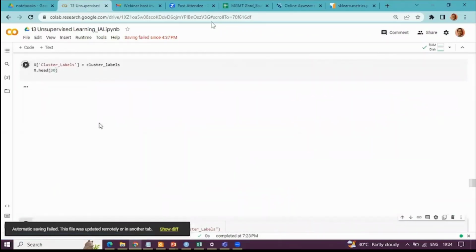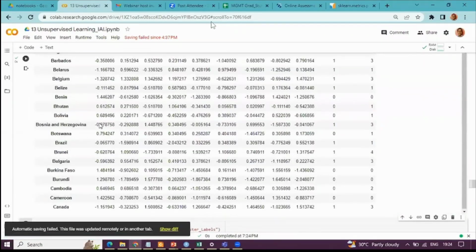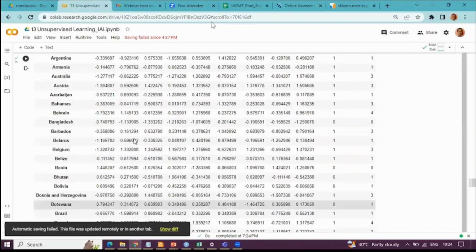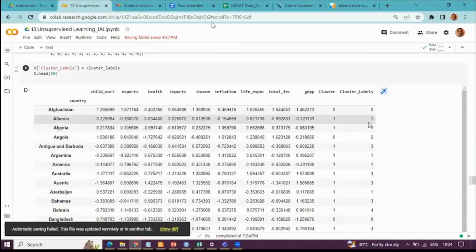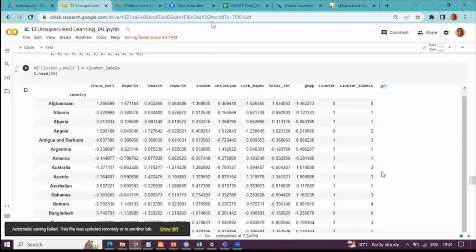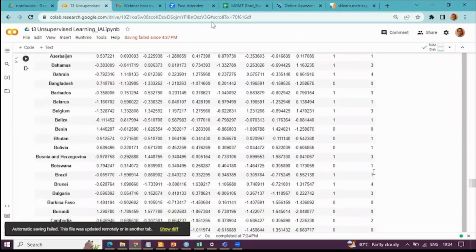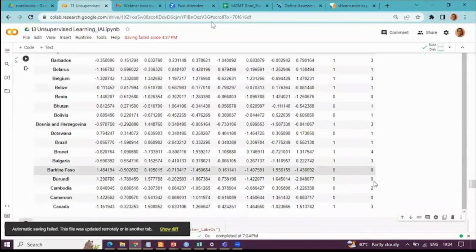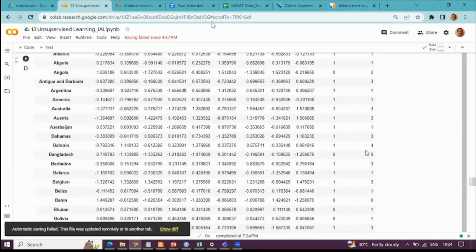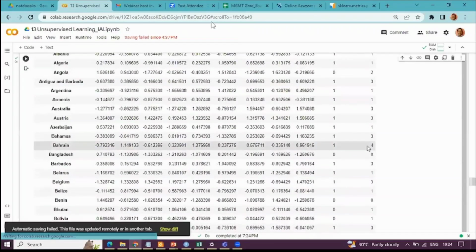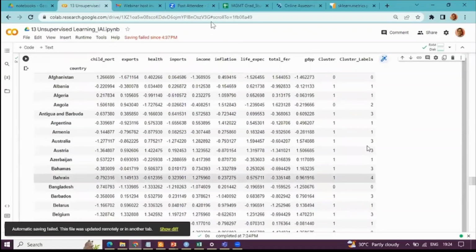So you could clearly see here Afghanistan, probably Bangladesh, Benin, Burkina Faso, Burundi, Cameroon, they are all a part of one cluster. Right? We could see Bahrain. Right now, only Bahrain is a part of one single cluster.